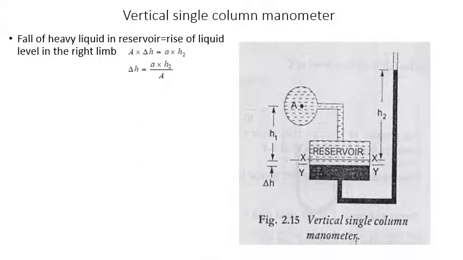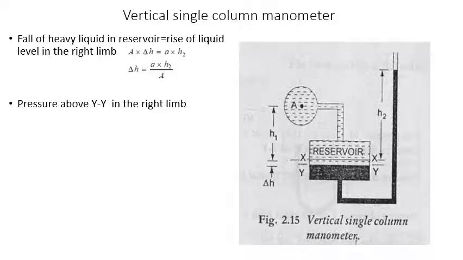That means the area A into delta h is equal to the area of the right limb small a into the height of rise h2. So now delta h is equal to small a into h2 by capital A.